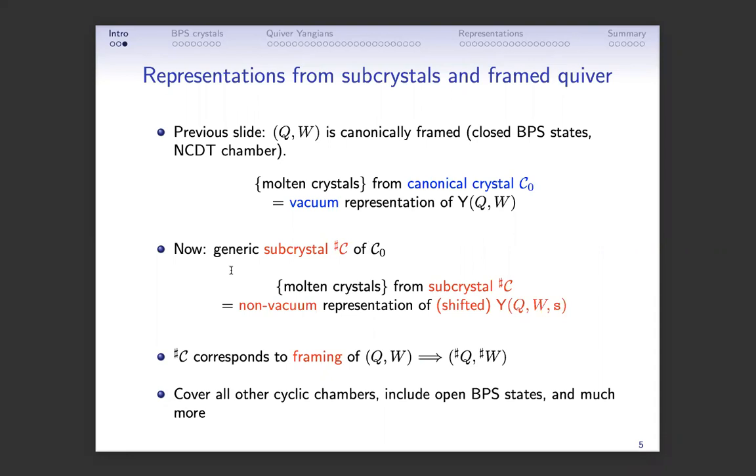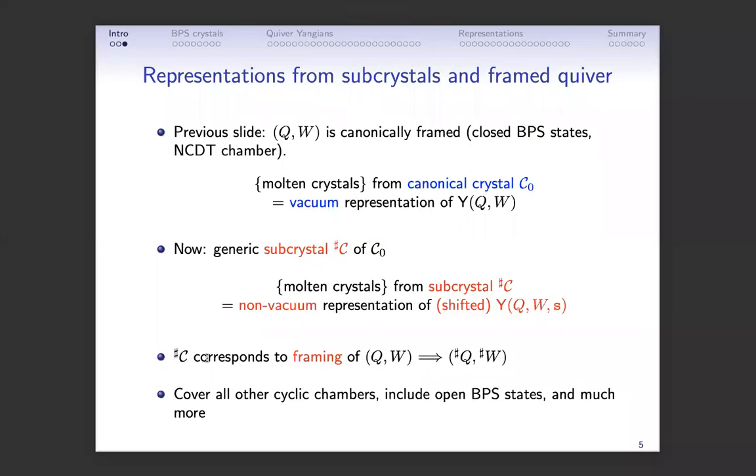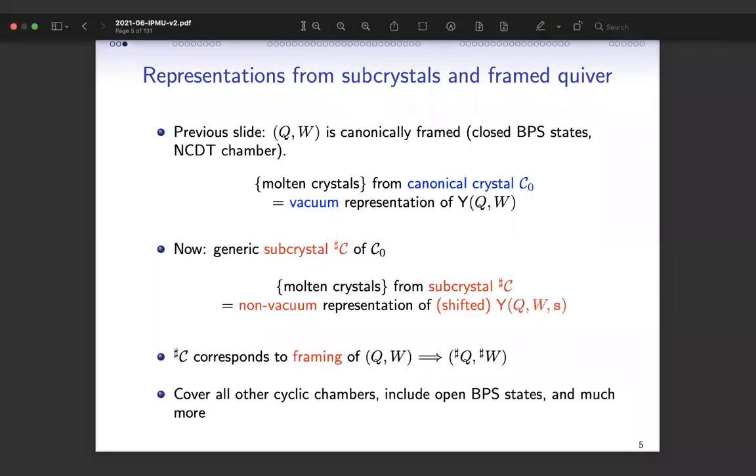I'll also show that this subcrystal corresponds to the framing of the quiver and superpotential. So this will cover all the BPS counting problems, all these other chambers, and include the open BPS states, and also many more representations. That's it for the elevator pitch part.